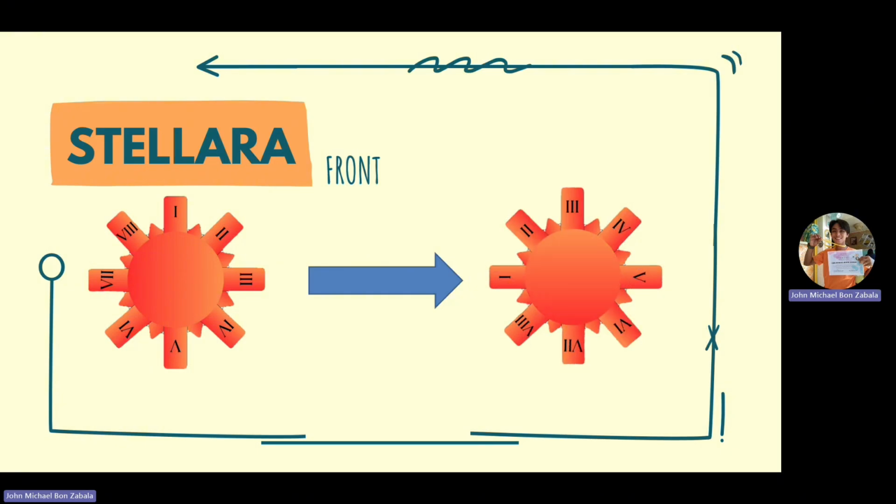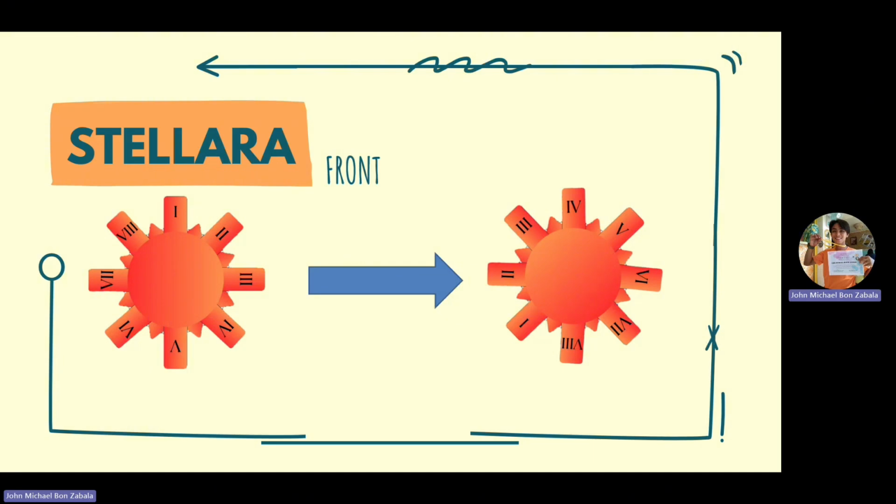Next, if we rotate our figure 90 degrees counterclockwise, the figure will look like this. As you can see, the 3 moved to the position of Roman numeral 1. If we rotate our model 135 degrees counterclockwise, the figure looks like this.